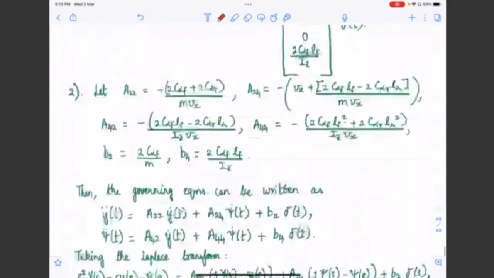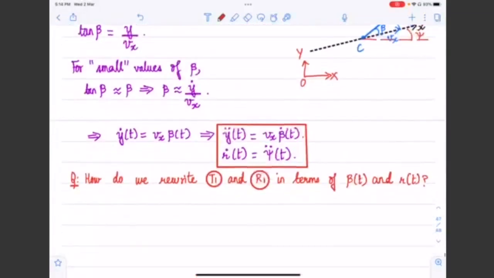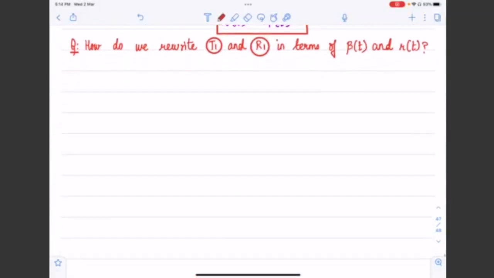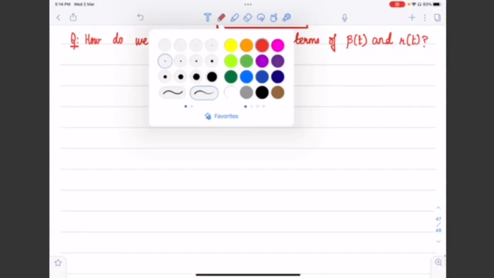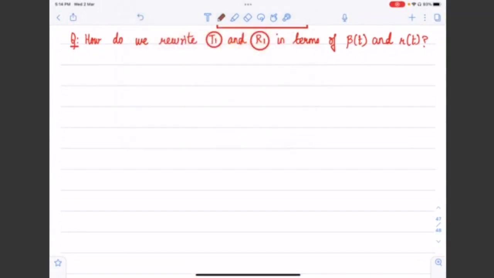Okay, let's see what happens. So equation T1 becomes the following. If I look at the equation of motion for translation, it can be written as the following. Y double dot will become Vx times beta dot t.